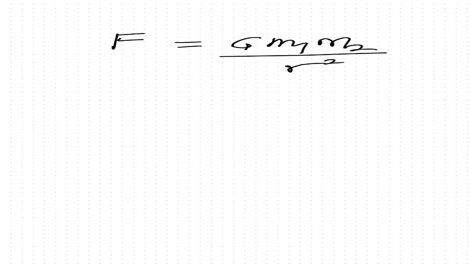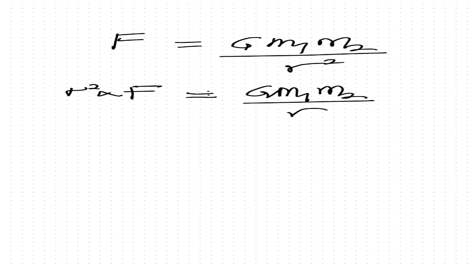So let's try and make G the subject. What do we do? We multiply both sides by R squared. We are making G the subject. So G m1 m2 over R squared times R squared. What happens here? The R squares cancel.